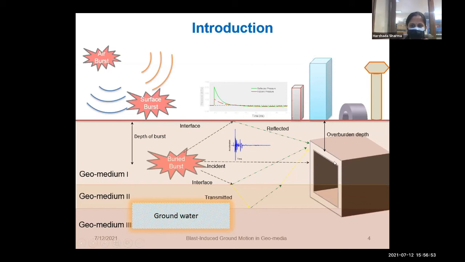Again, it may also depend upon the structure overburden depth. Overburden depth is the soil layer which is above these structures, and the pressure which is generated due to this overburden depth also affects these output parameters. When the blast occurs, at that time the shock wave radially moves outwards.